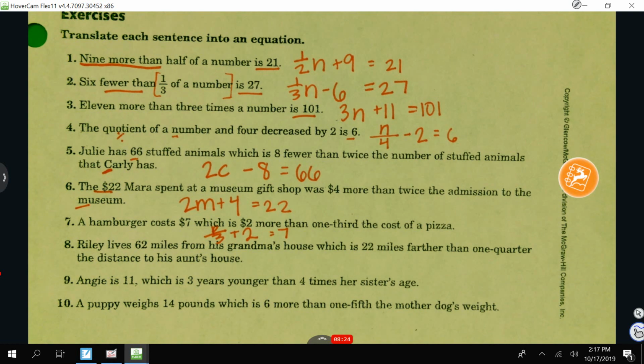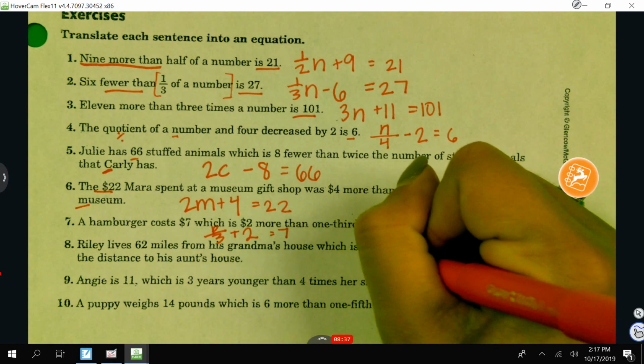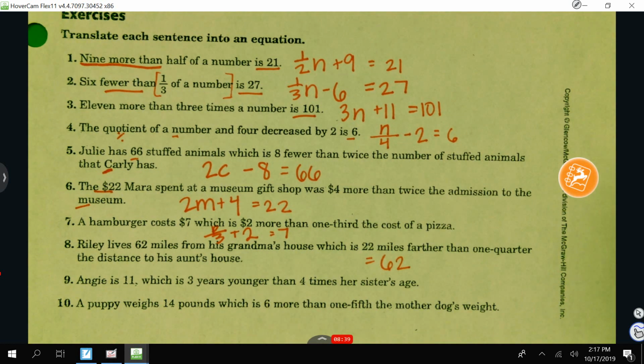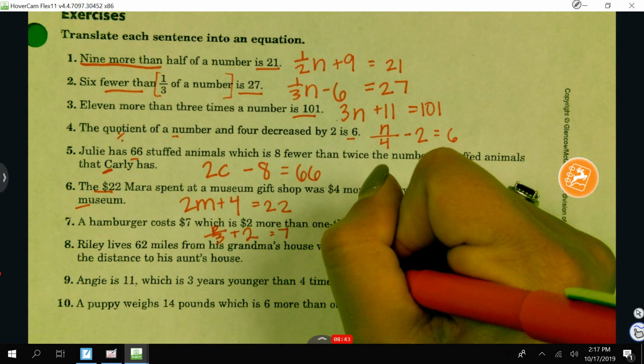Number 8: Riley lives 62 miles from his grandma's house, which is 22 miles further than 1/4 the distance to his aunt's house. So what is my total distance? 62 miles. This is 22 miles further than, so something plus 22.